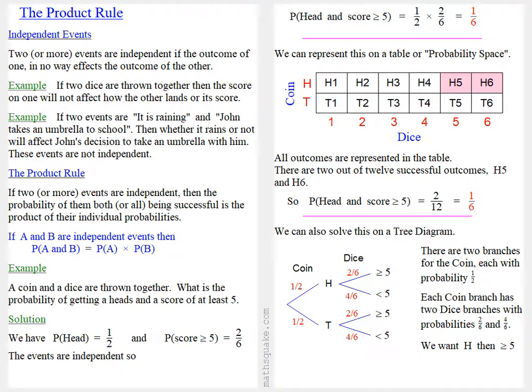Now we want heads and then greater or equal to 5, so we follow that along the branches, and that gives us the probability of a head and then a score of greater or equal to 5 is a half times 2/6, which is 2/12 or 1/6.